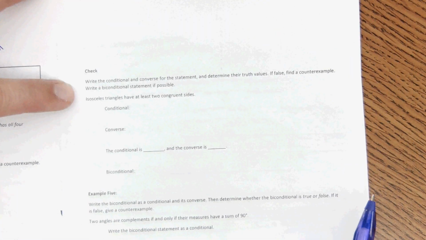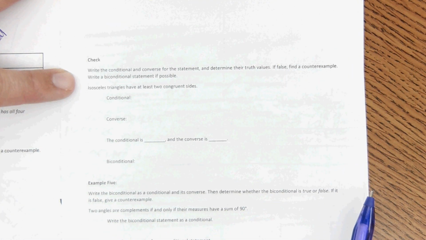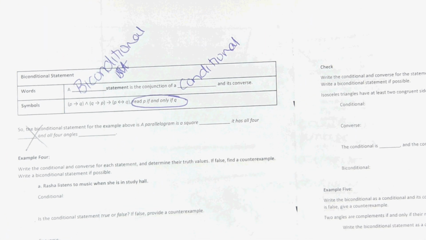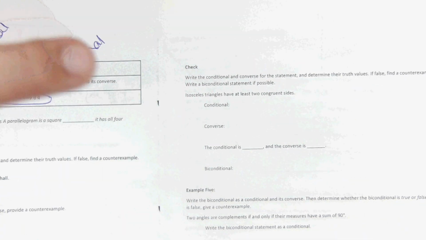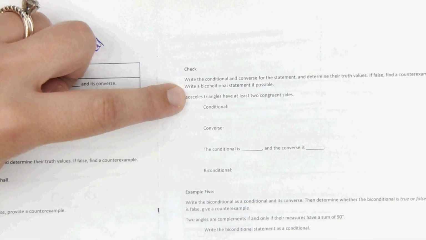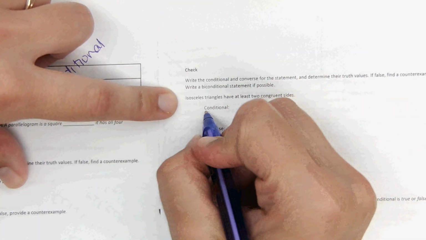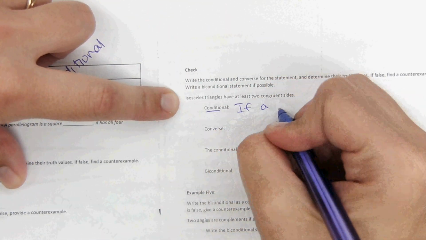Don't cross it out because we might come back to this, but over here, we'll do this one right here. So it says isosceles triangles have at least 2 congruent sides.